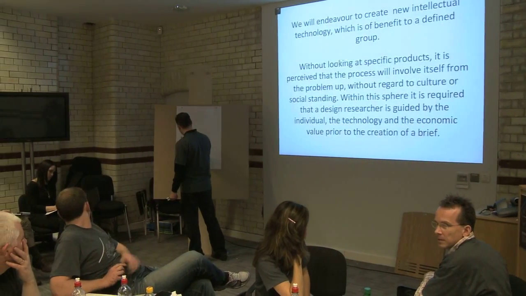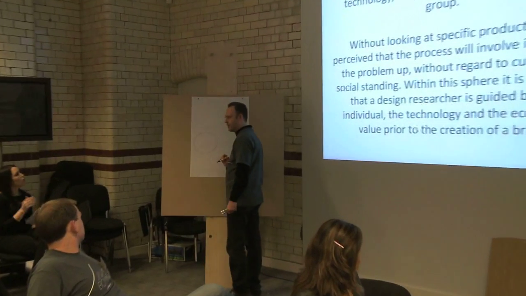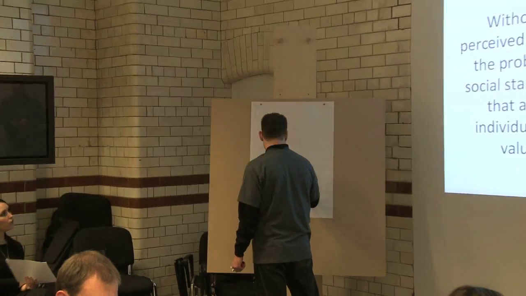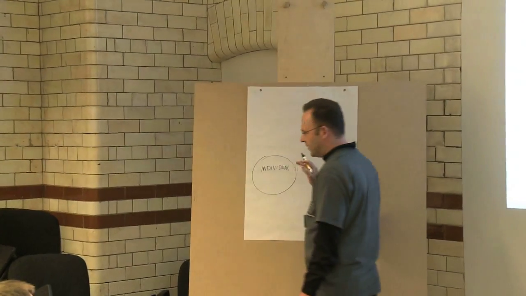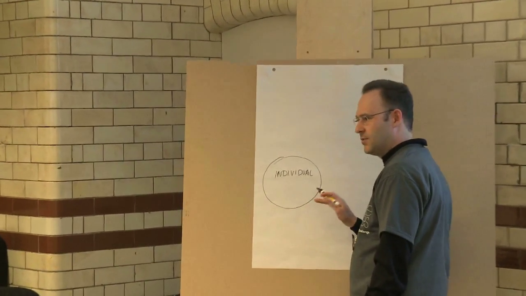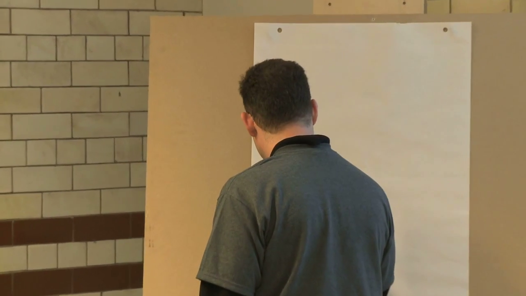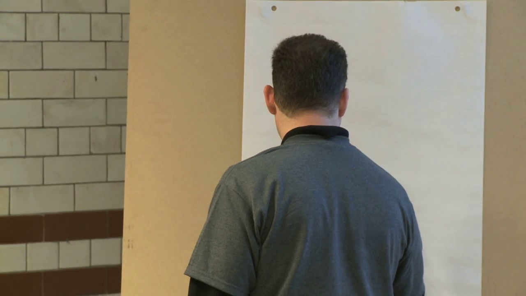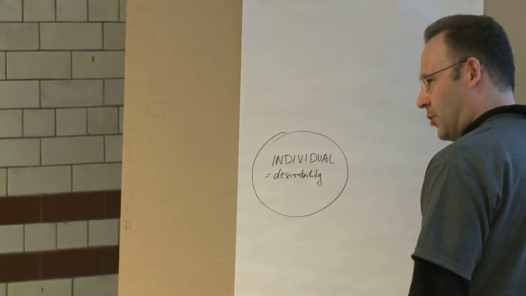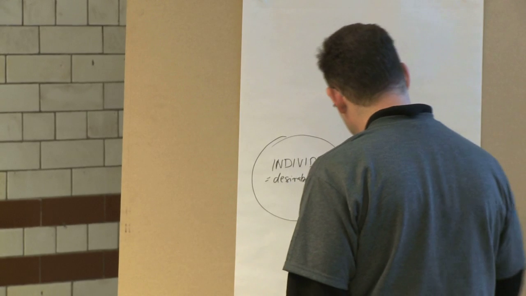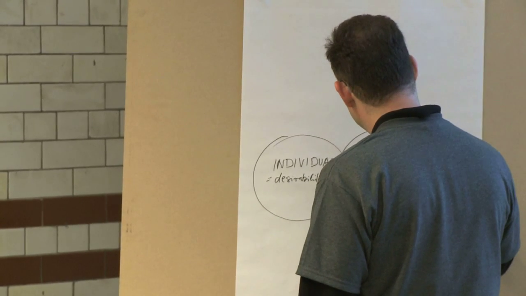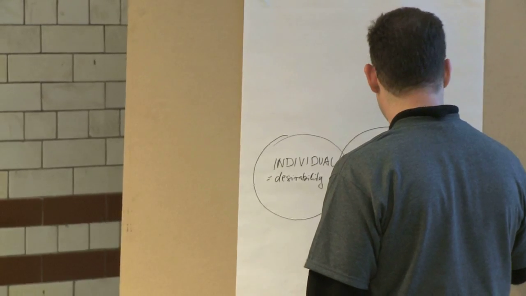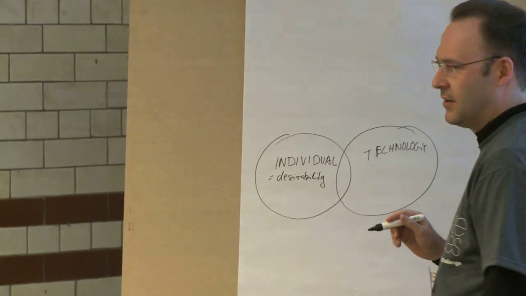Because we believe that there's three things coming together. There's an individual, which means if we address the needs of these individuals, we do something that is quite desirable. And if we use now technology, which is the second field here, we need to find out whether what we try to do is already available.